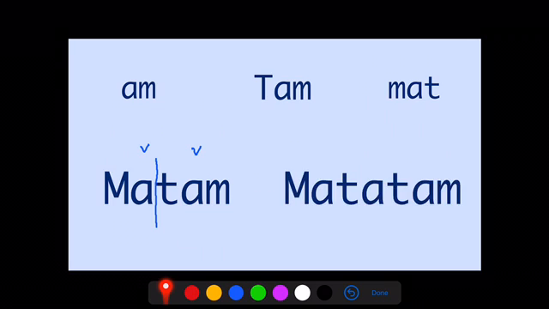Let's try with this word. Again, mark the vowel places. There's one there, there's one there, and there's one there. This is a 3-syllable word.